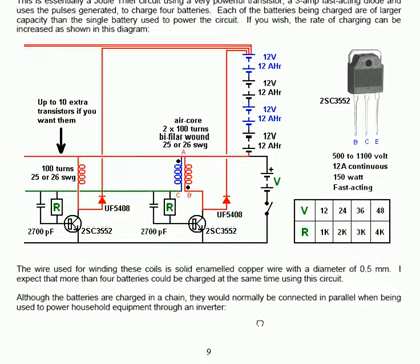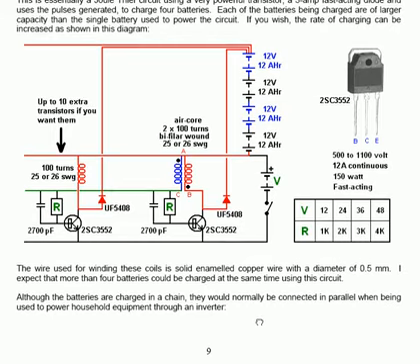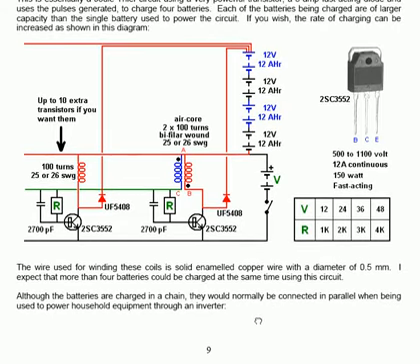Although the batteries are charged in a chain, they will normally be connected in parallel when being used to power household equipment. When you use them connected in parallel like this, the amount of current drawn by the inverter to power the household equipment, be it a television or a washing machine or whatever, is divided between the batteries.